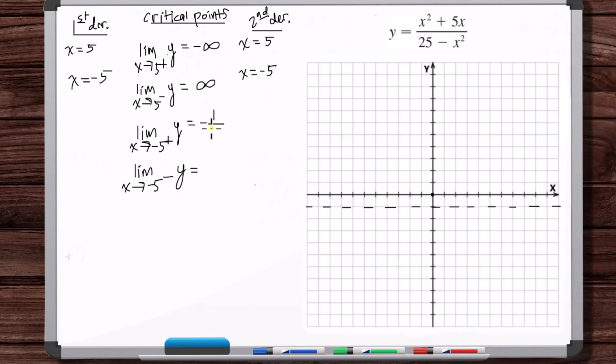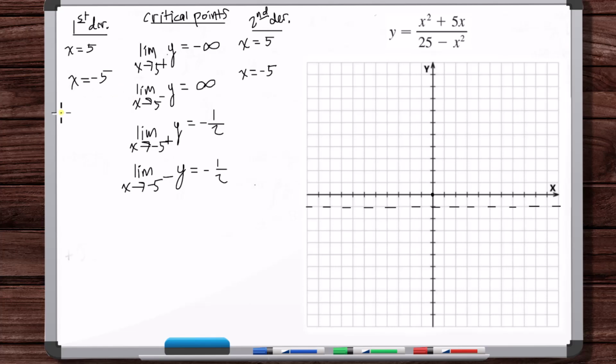See, that's not a vertical asymptote. And this makes sense because we know this is going to be a removable discontinuity. It's just going to be a hole in the graph. So when we get to x = -5, the graph is going to do this. That's why the limit as x approaches -5 from the left and the right is the same, but it's still a critical point because the function doesn't exist here. So neither does the first or second derivative. So it's not a vertical asymptote.